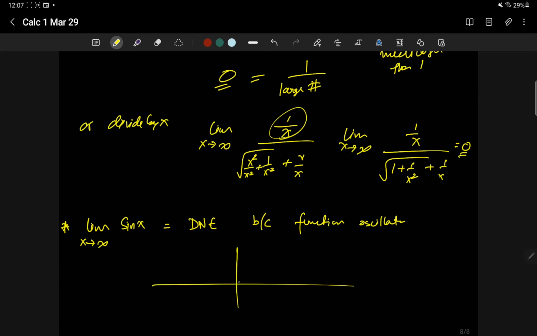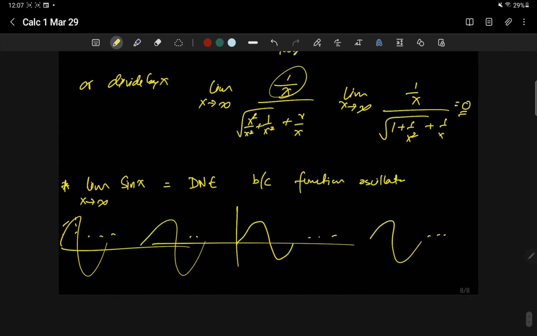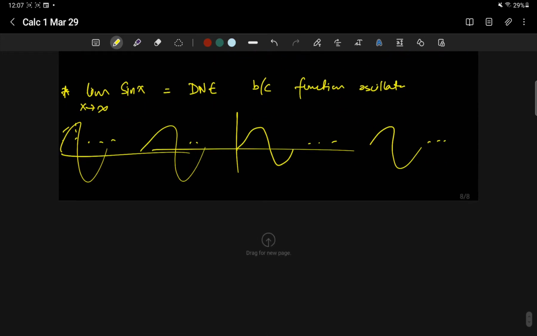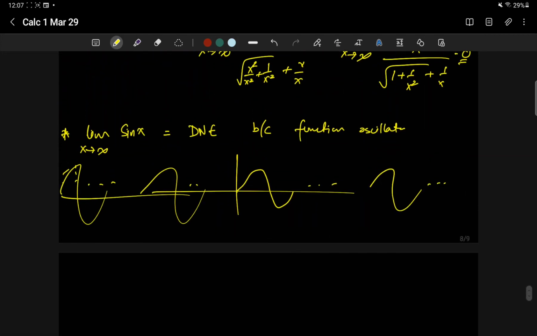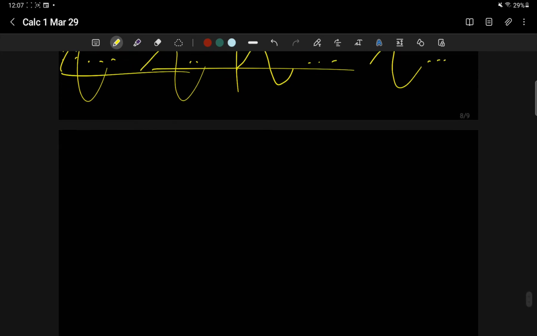If you look at the sine function in any direction, you cannot pinpoint a certain value that it will settle onto. So you cannot say that the limit exists. And remember, whenever we don't have a clear-cut answer about what the limit should be, then we don't say what the limit is. We say that the limit does not exist.